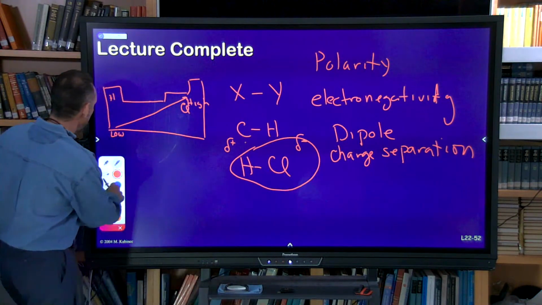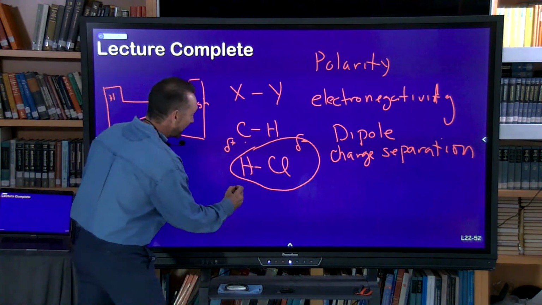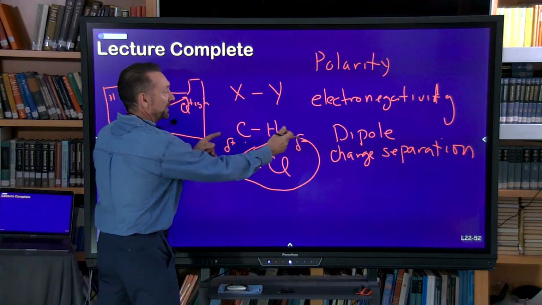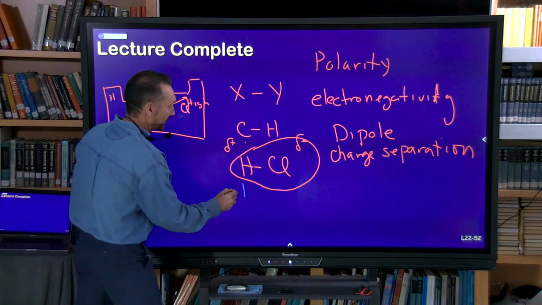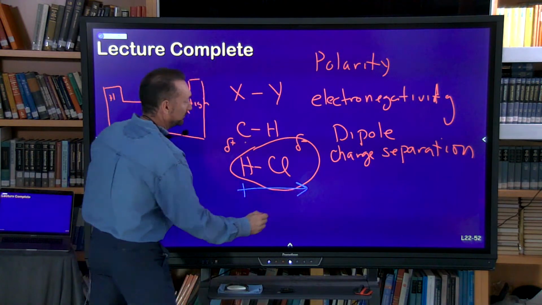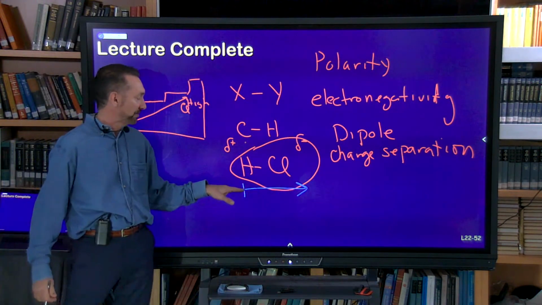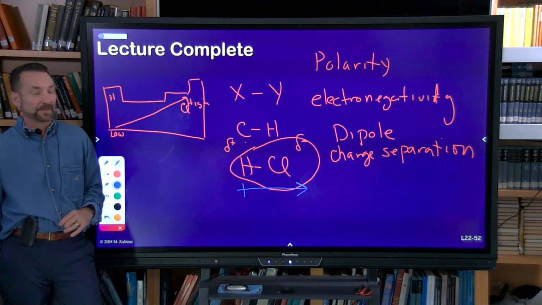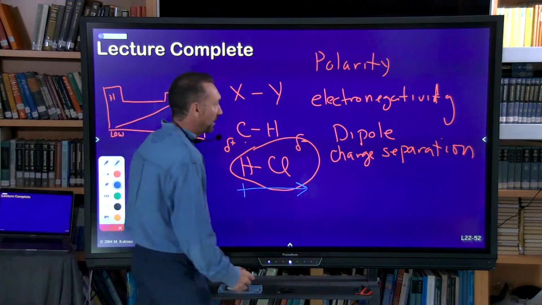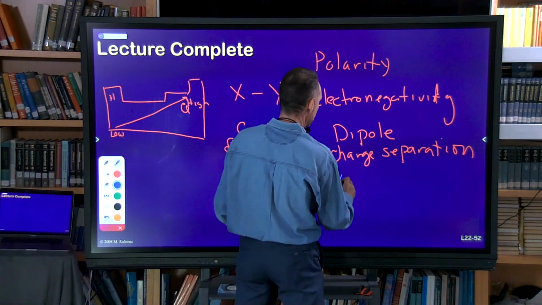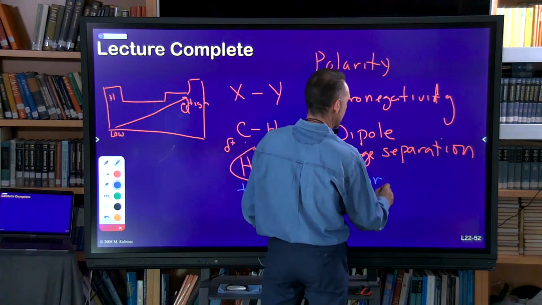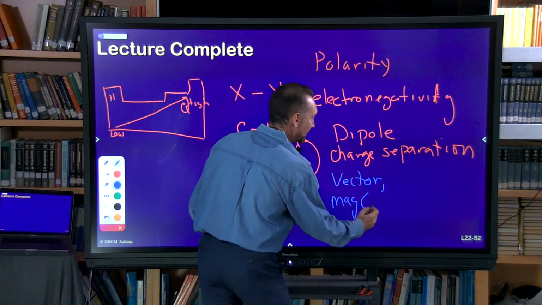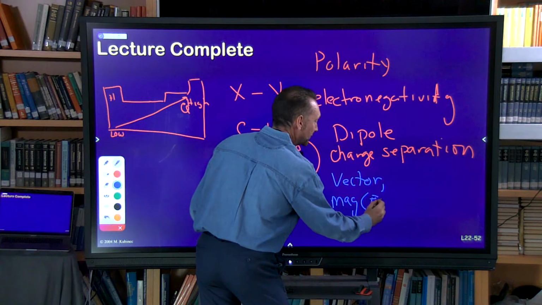And we draw a vector. It's a vector quantity. So it has not just magnitude, the magnitude of the charge difference, it has a direction. And we draw it like that, a vector from the positive to the negative side. So the dipole moment is a vector. It has magnitude, and that's the electronegativity difference.